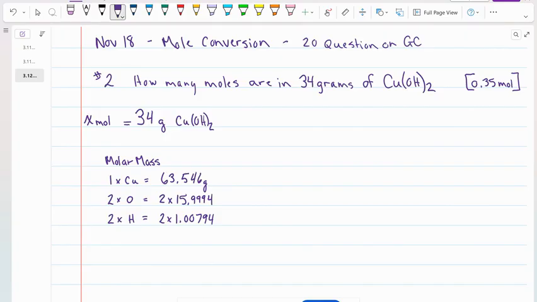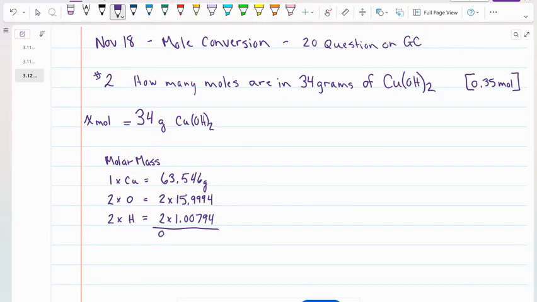Okay, and again, we're going to add all of that up. Let me just do that with my calculator. If this was on the document cam, you'd see me pushing this all in, but 63.546, just let me know that you are, or you can do this on your calculator. 2 times 15.9994 plus 2 times 1.00794 equals.